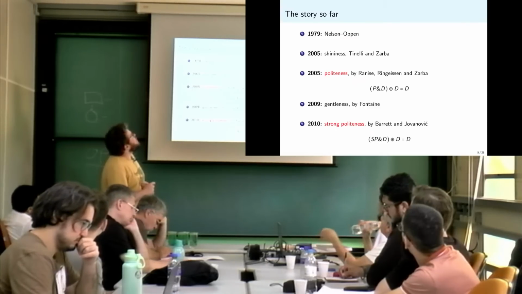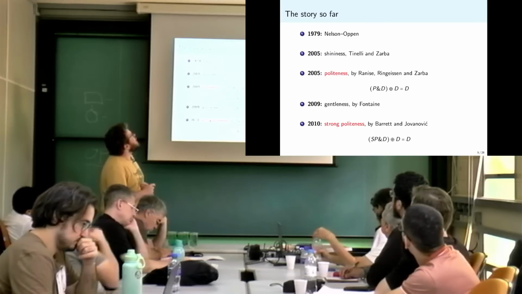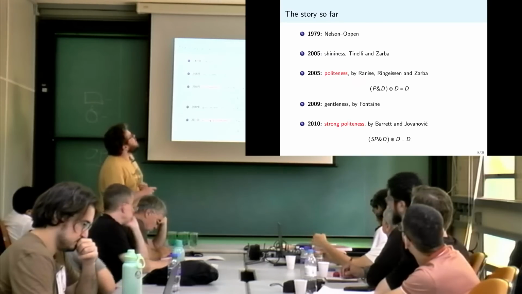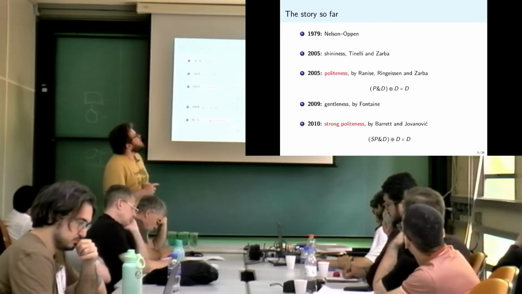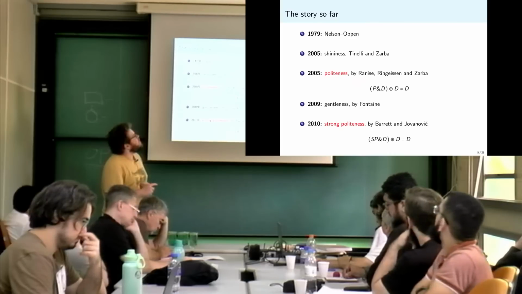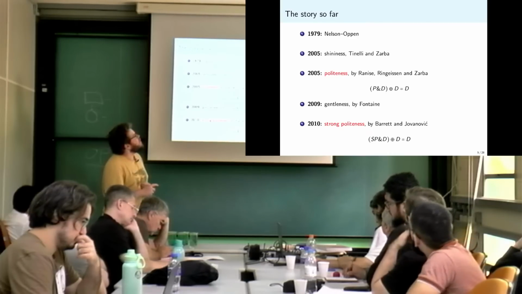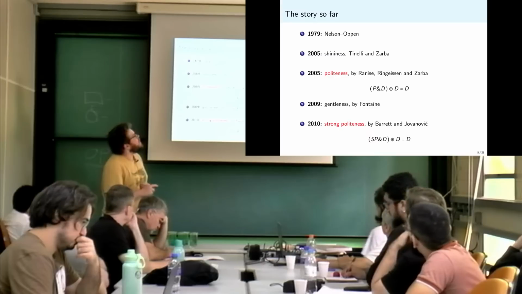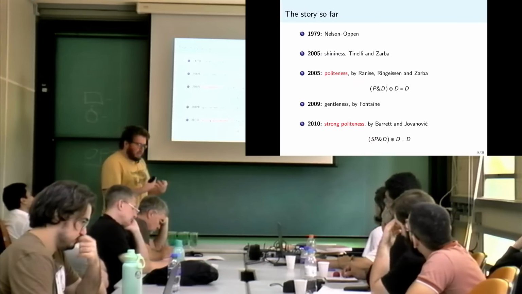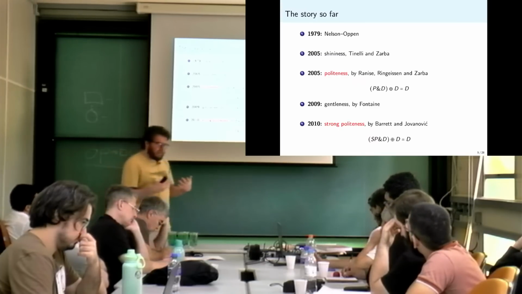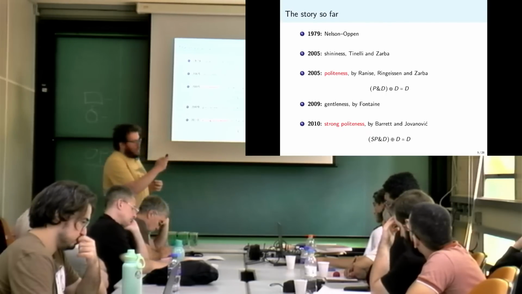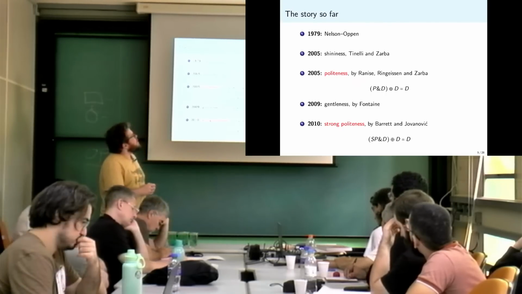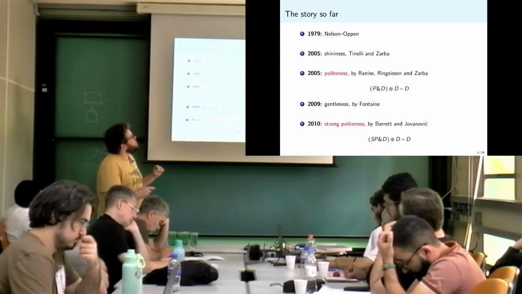The same year, however, another method came up, politeness, which says, this is very pictorial, if a theory is polite and decidable, and the other theory is decidable, then combining the two, and I mean combination like the model shared by the two theories, then the combination is decidable.